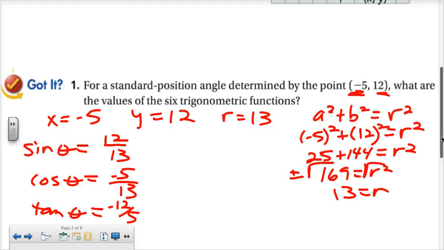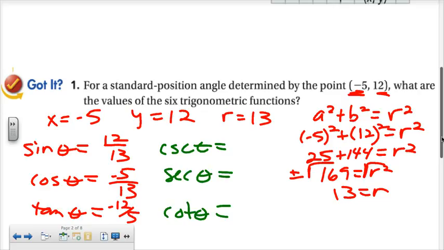And then we need our 3 secondary trig functions, cosecant, secant, and cotangent. And just take the reciprocals in that order. So we're going to take sine, get the reciprocal of that, that's cosecant. And then we are going to take cosine and flip that one to get secant. And then tangent, flip that to get cotangent.